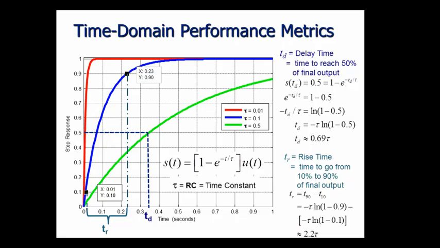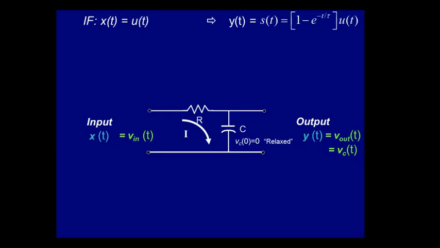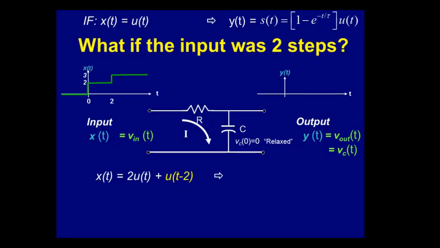Meanwhile, back at system analysis, here we go. We have the step response of the system to unit input. What would be the response of the system to this input? It's like 2u of t plus another u of t minus 2.